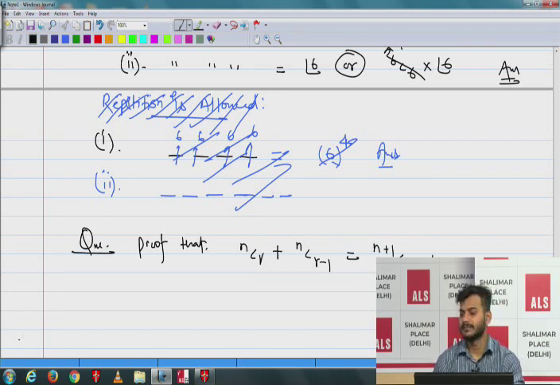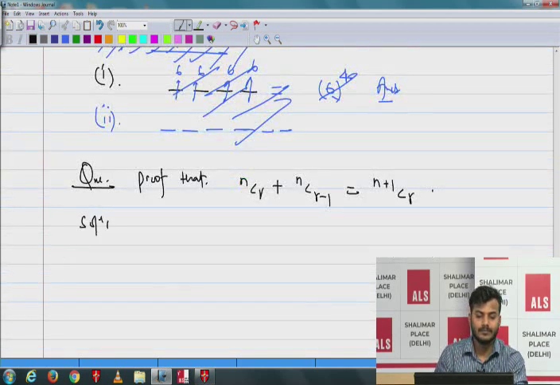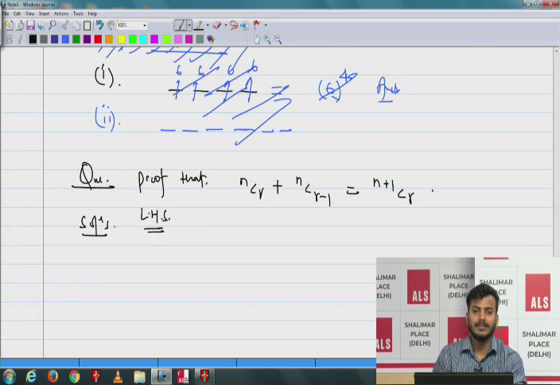Prove this. Of course, for a proof, we can take either side. There is nothing to do with the right hand side for now. So we can consider the LHS, right? What are we given in the LHS?